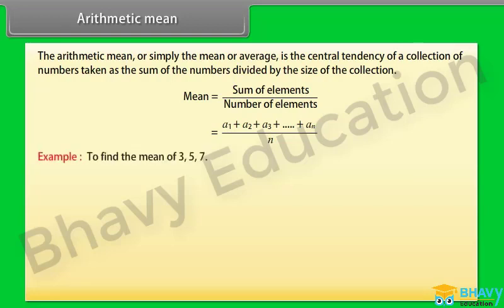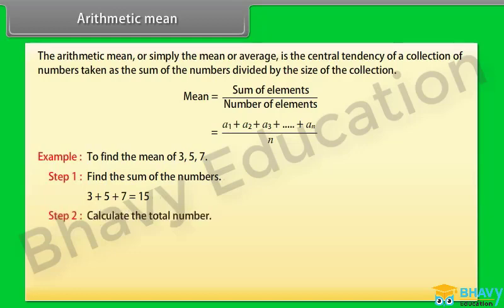Example: to find the mean of 3, 5 and 7. Step 1: find the sum of the numbers, that is 3 plus 5 plus 7 is equal to 15. Step 2: calculate the total number. There are 3 numbers. Step 3: finding the mean, 15 by 3 is equal to 5.